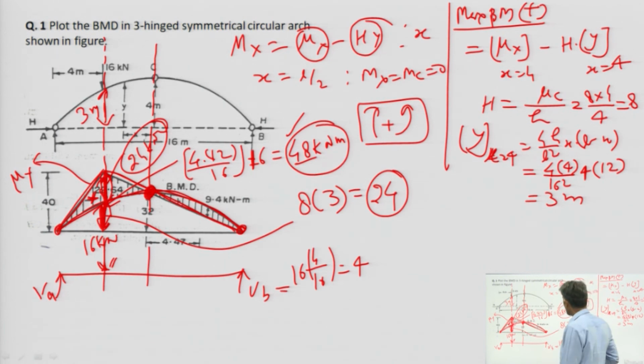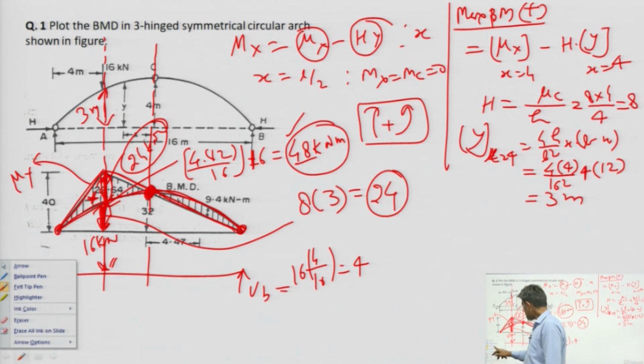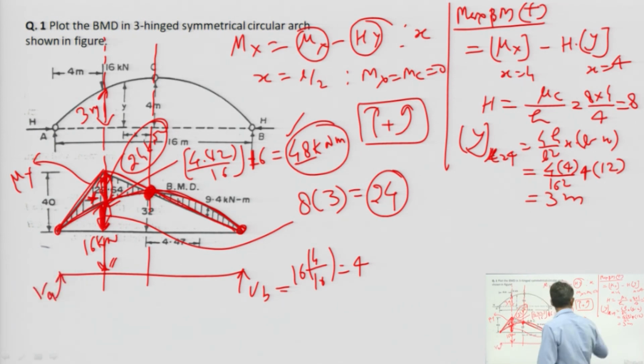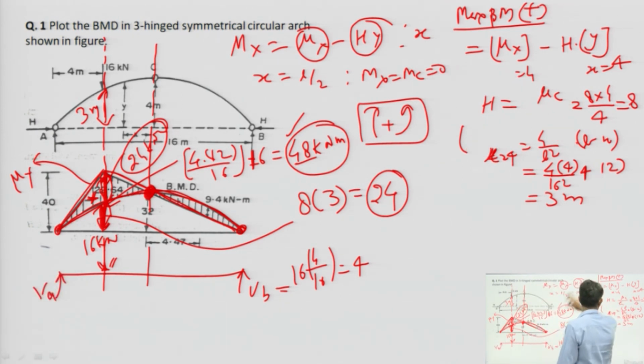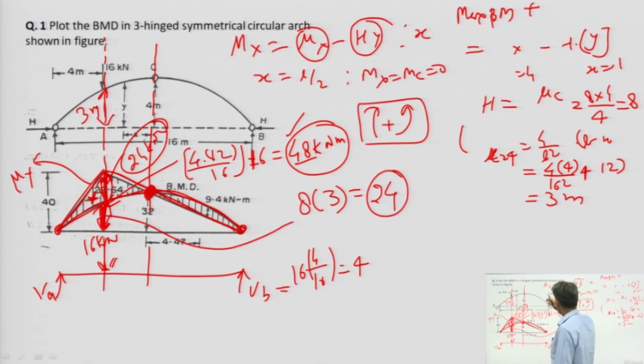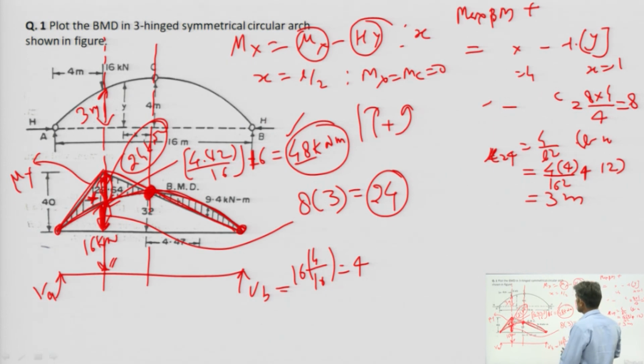Okay. And for maximum negative bending moment, what will we do? We will write an equation of bending moment for the BC segment. Okay.